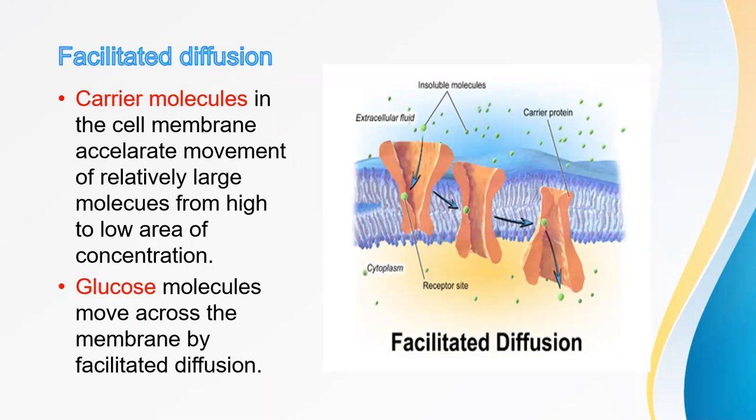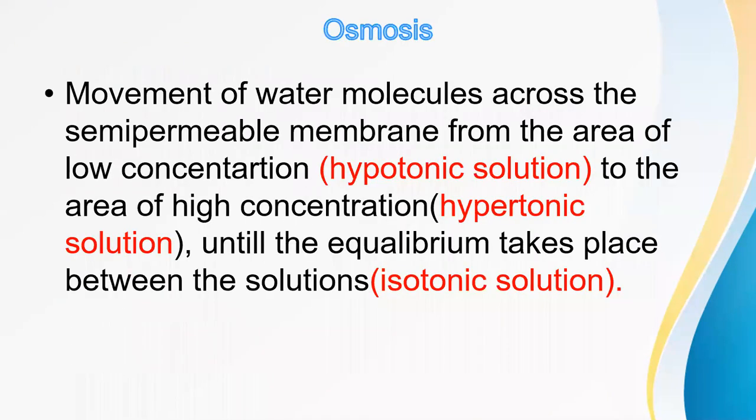Next, the third type of passive mechanism is osmosis. Osmosis is quite a different process from diffusion. Here, the molecules move from a low concentration area to a high concentration area through the cell membrane, which we already know is a semi-permeable membrane.